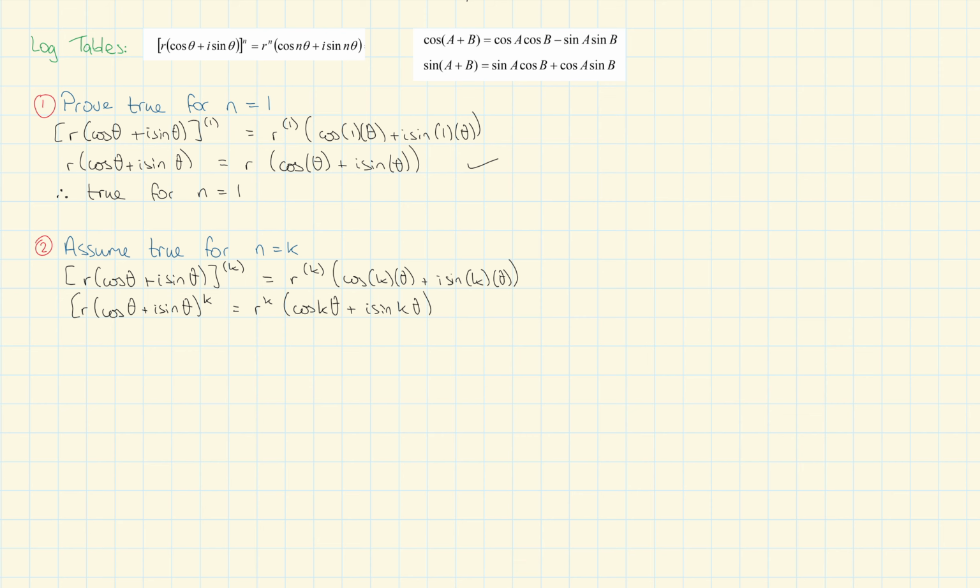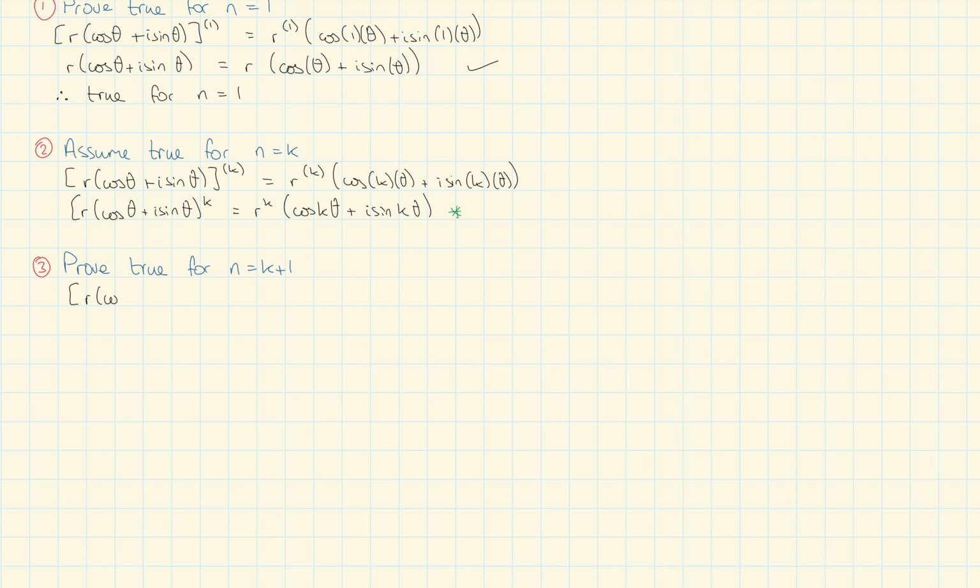Okay, so that step now we're going to leave where it is, but we'll come back to that in step 3. We'll use it to substitute in, and then we'll be multiplying out and so on. Okay, so step 3, as always, we're going to prove true for n equals k plus 1. So again, left hand side, right hand side.